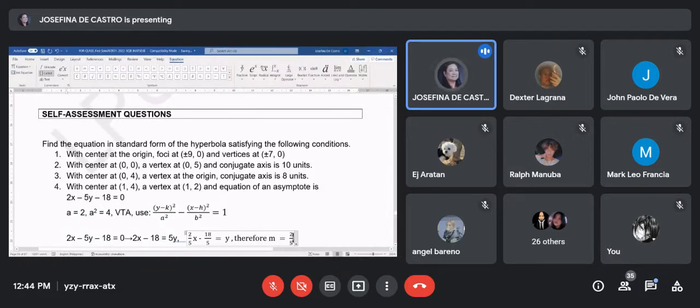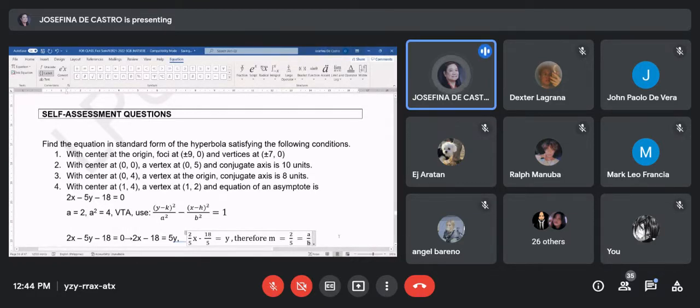Okay? And since this is vertical, the slope of a vertical transverse axis is A over B. A over B.